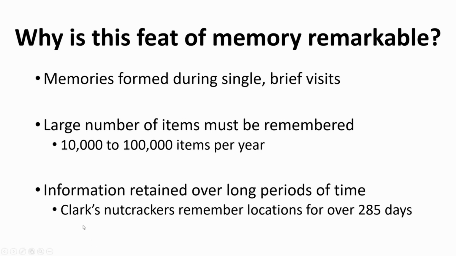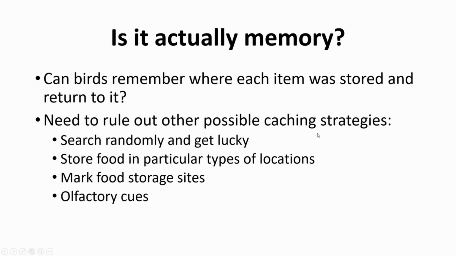When researchers tested their ability to remember these locations, they were accurate even almost 300 days later. So their ability to store this information doesn't degrade rapidly over time. They can hold on to it for almost a year, if not longer. That's just as long as experimentally set up things have shown.